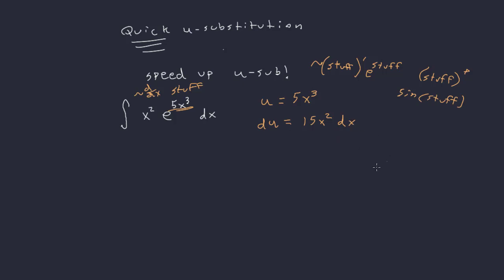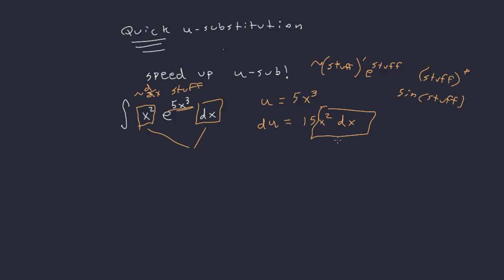And so what I mean by almost the derivative, or something really close to the derivative out here, is we have this x squared here and we have this x squared here. So these two together, this x squared and this dx, can come together and be put in terms of, say, du.